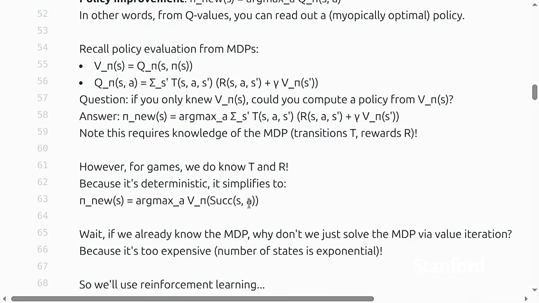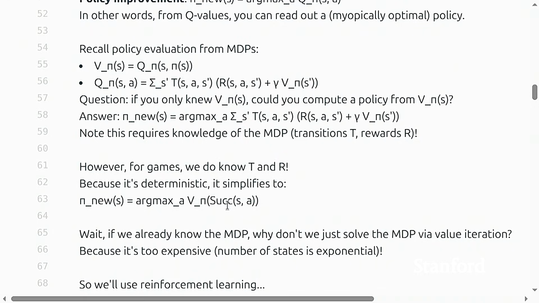Yeah, so in a game, the transition probability is 1 for one particular S prime, and that particular S prime is Succ(s, a). That's a function, so the summation goes away. And then in a game, all the reward is at the end, so this is 0 for essentially all transitions. And then the discount is 1. So then you end up with just V pi.